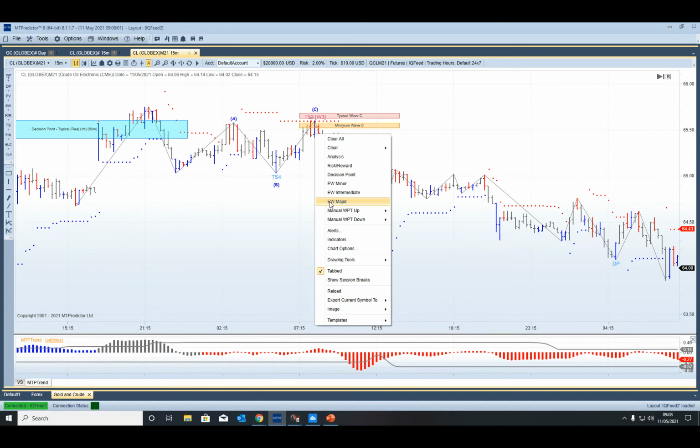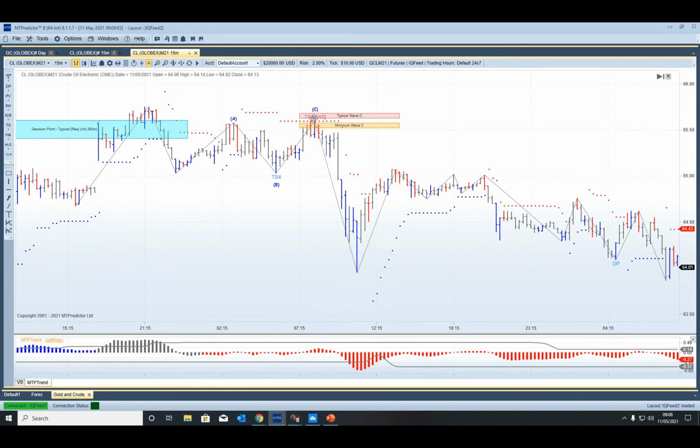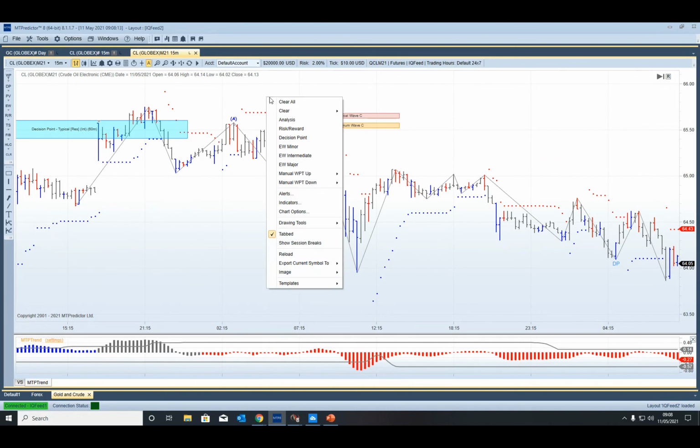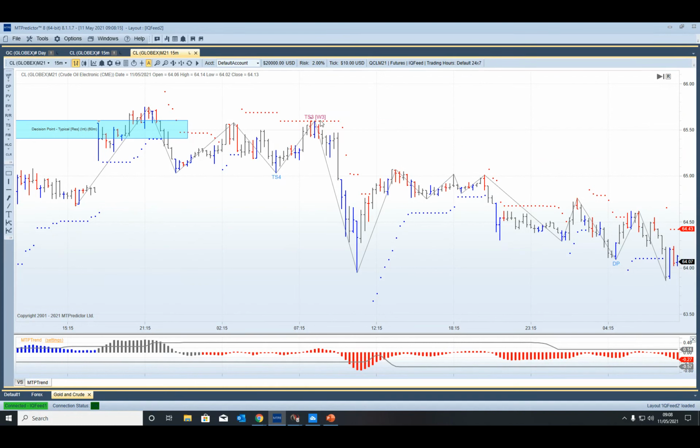It doesn't quite come up on this particular swings here, but that would be a larger degree wave 2. So what we're looking for now is, after this wave 2, we're then looking for a wave 3 swing to unfold. So this is when the W3 or wave 3 trade setup is designed to give you a potential trade.